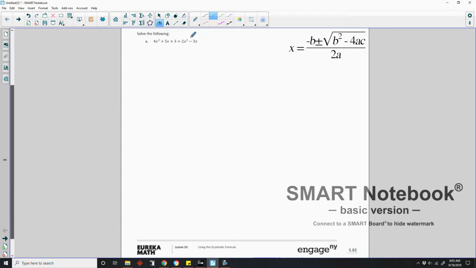It has to equal 0 before we do anything else. And this is a quadratic equal to another quadratic. My leading coefficient on the left is 4. My leading coefficient on the right is 2. If I subtract 4x squared over to here, it'd be 2 minus 4 and give me a negative 2. I do not want a to be negative, so I'm going to move the smaller one over to the other side. So I'm going to subtract 2x squared.